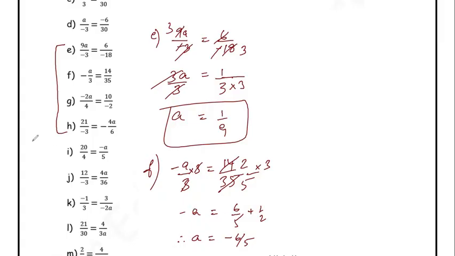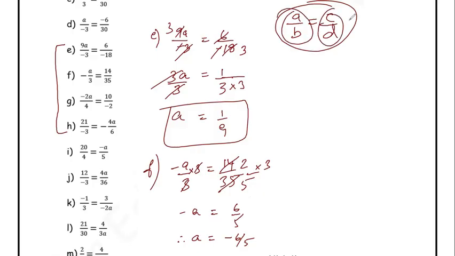If you multiply, then things change. So that's the limitation of these tricks. It's only possible if you're doing A over B is equal to C over D, and you can simply say A is equal to negative 6 over 5, because only these fractions are in play and not any other fraction.